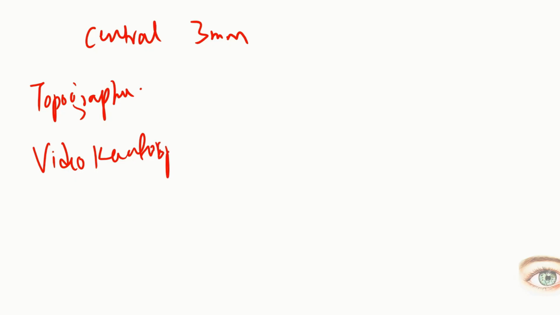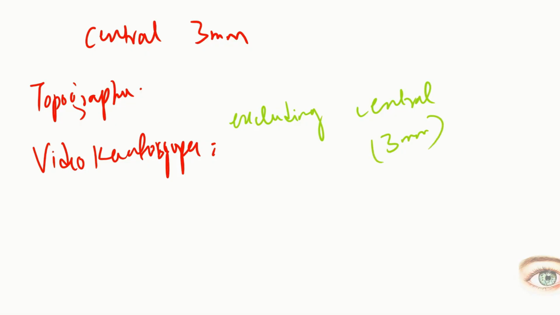And the modern topographers or video keratoscopes measure all the cornea but excluding the central 3 millimeter of the zone.